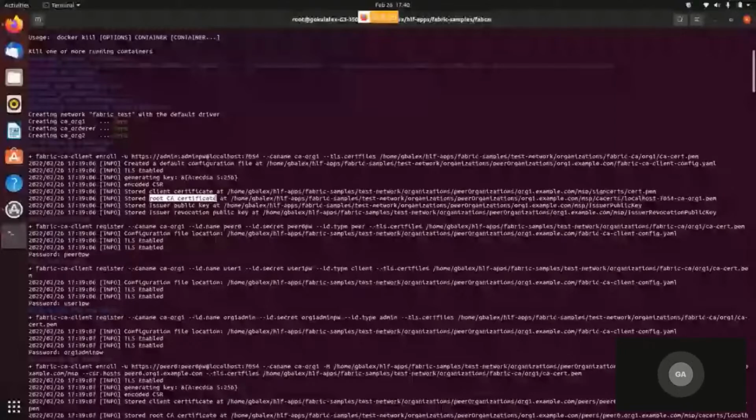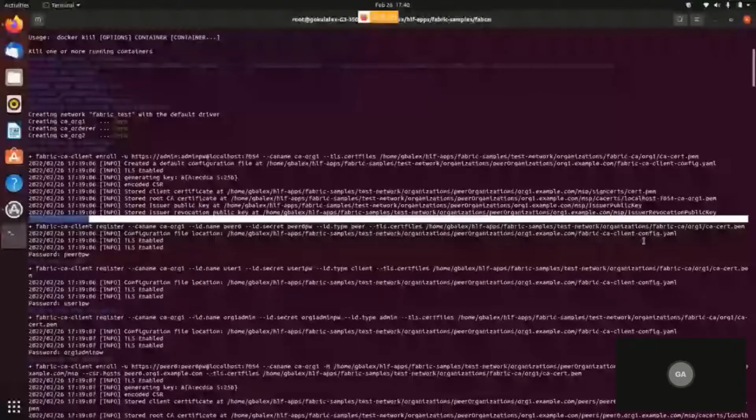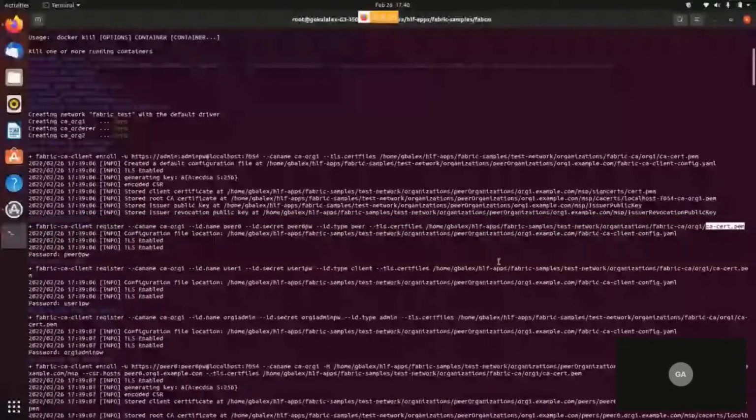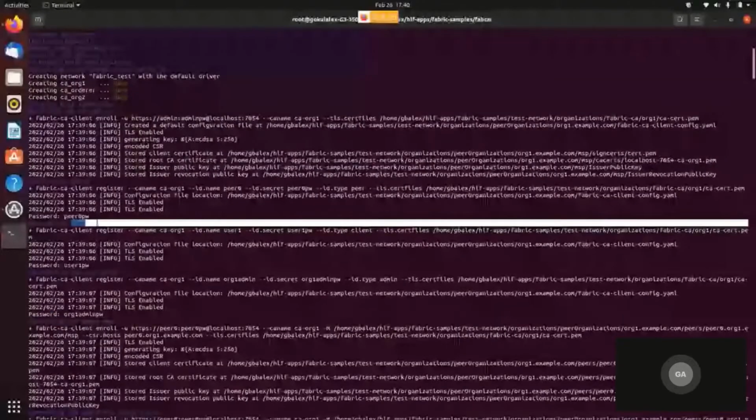Now after enrolling the certificate authority, you are registering the peer. So this is the way by which you are creating an authenticated identity for the peers, and afterwards the users are created, and then it registers the organization admin.